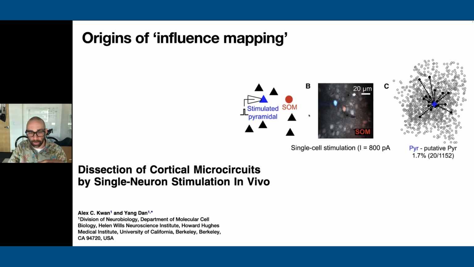Here they were patched or cell-attached onto a given pyramidal cell, shown in blue, and then stimulated it with electrical current in order to drive spikes. They were using old-school imaging, like OGB, and looked at changes in calcium due to stimulating a given pyramidal cell, and thus they could look at the interactions between that cell and all the others.